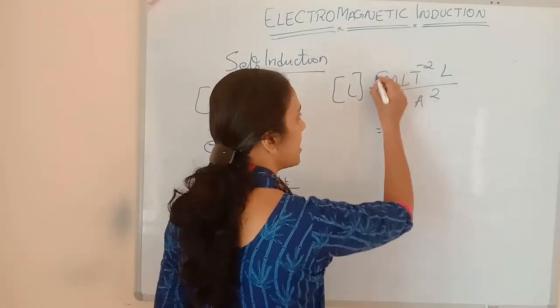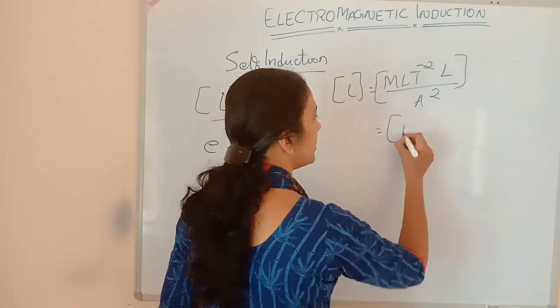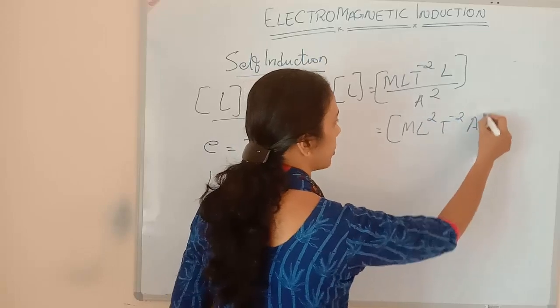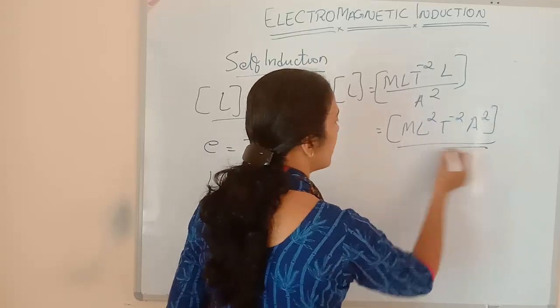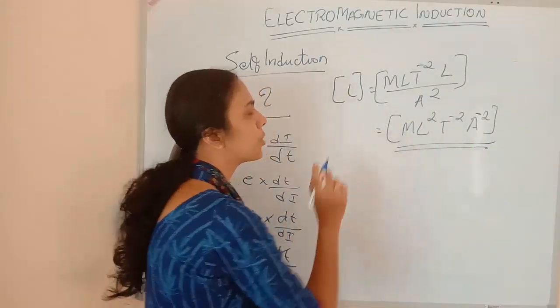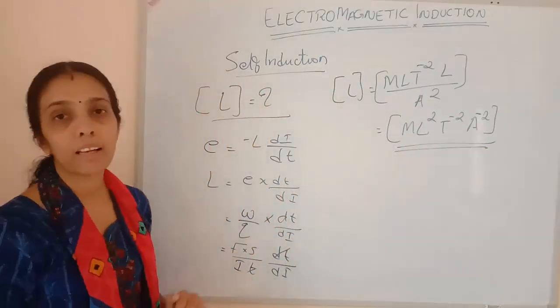So we get M L squared T to the power minus 2 A to the power minus 2. This is the dimension of self-inductance.